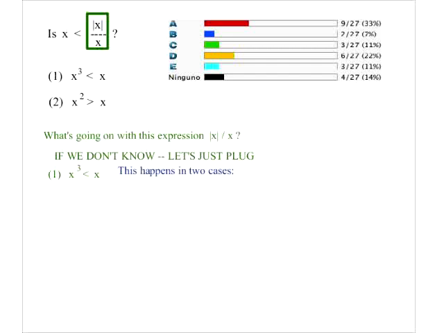The first case where it happens is positive numbers between 0 and 1, because those are the ones where if you raise them to the third, then they get smaller. But it also happens for negative numbers less than negative 1. Like negative 2. Because then when you cube those they just get more negative. So, let's try a bunch of these.